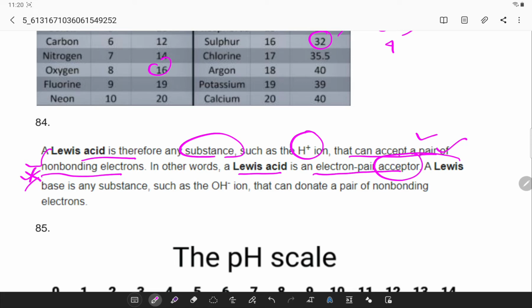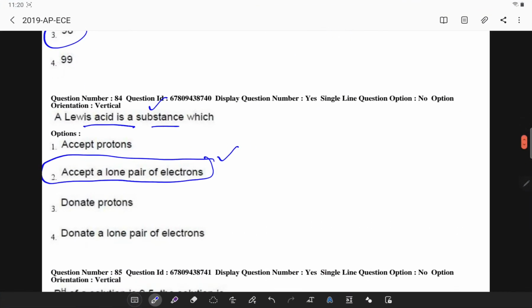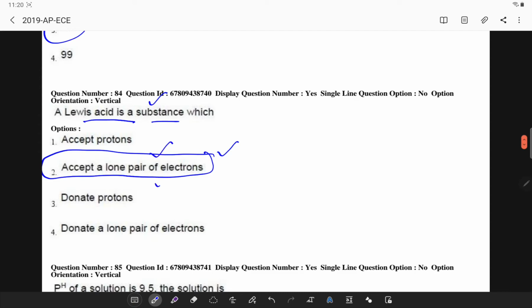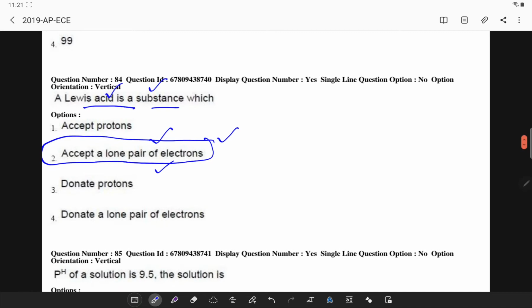A Lewis base is any substance that can donate a pair of non-bonding electrons. So this is acid whereas this is base. That is why lone pair of electrons. If it is base, the answer will be homework.